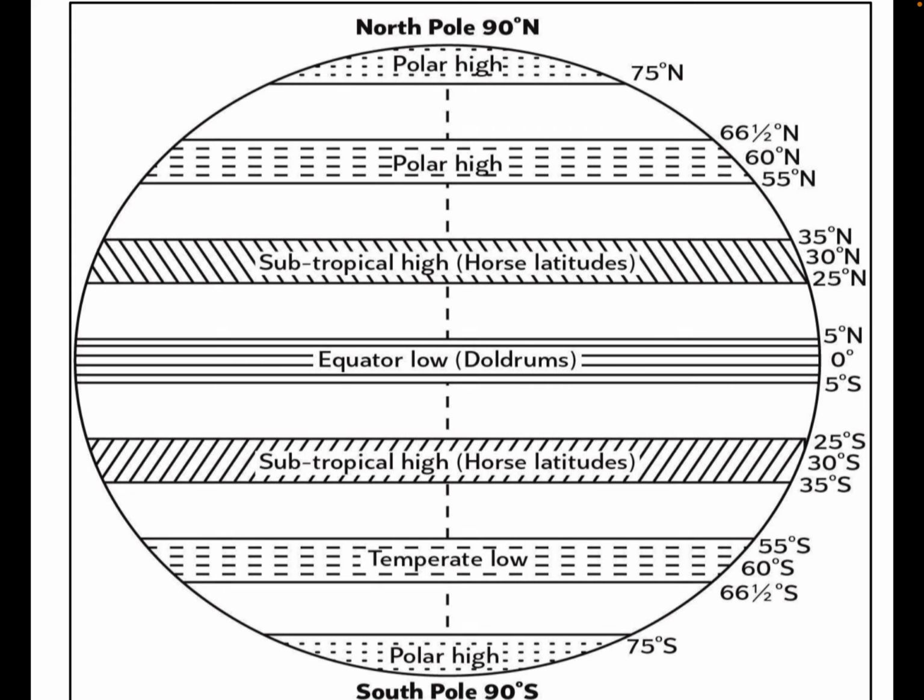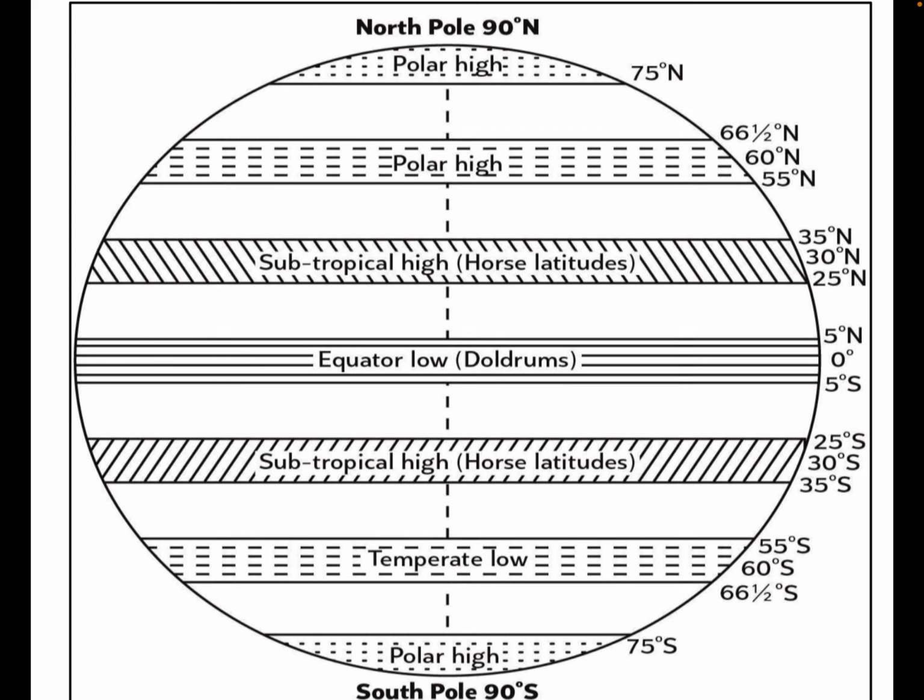So this subtropical high pressure belt is created due to dynamics, the movement of the earth. That is known as a dynamically induced pressure belt.